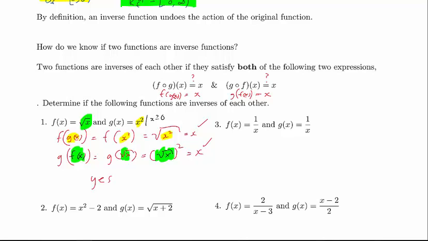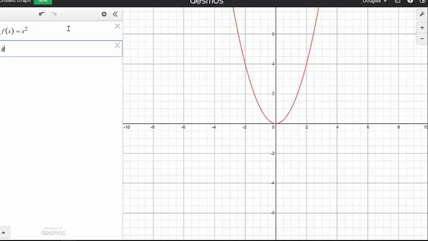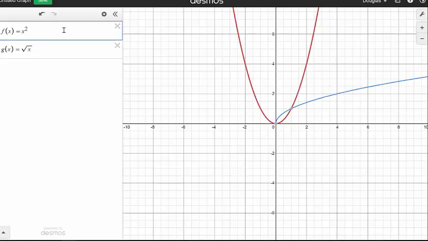All right, so let's go ahead and take a look at the graph. We have f of x, which is x squared, and then g of x, which is the square root of x. I might have these swapped. Actually, I think I do have these swapped. Let me go ahead and fix that.